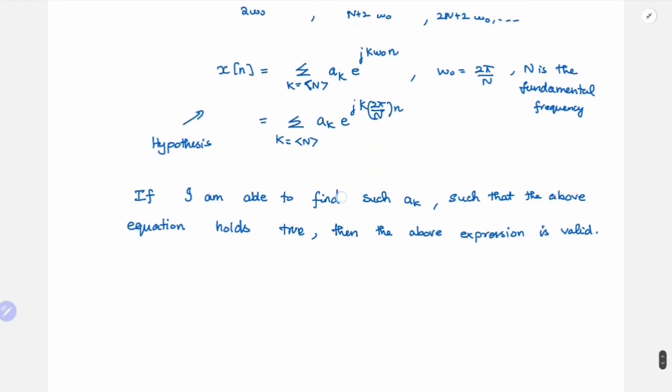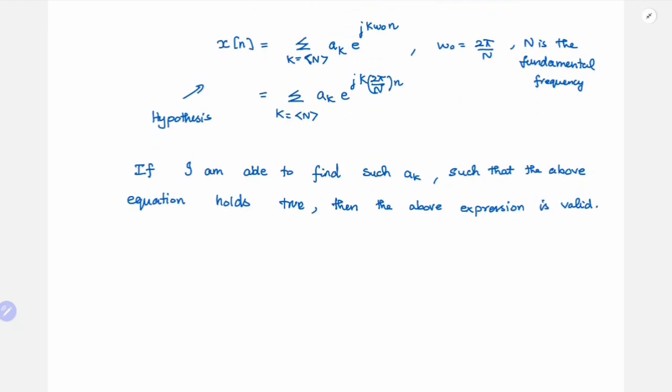So that will be my next step. I will see if I'm able to find such a_k such that this equation is possible.